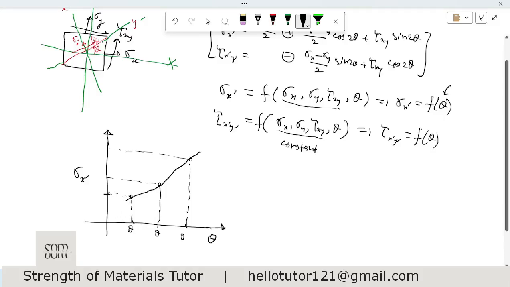It means at some theta there is going to be a minimum value, right? Because this one is the lowest value of sigma x prime and this one is the maximum value of sigma x prime, and each is at a certain theta.